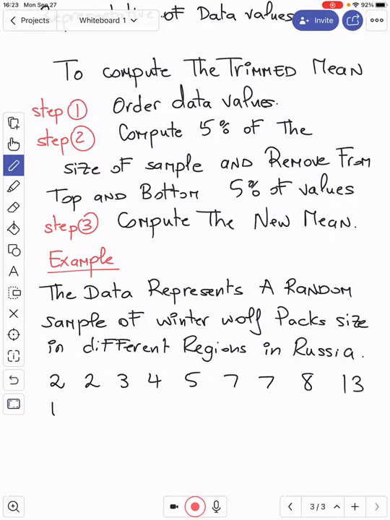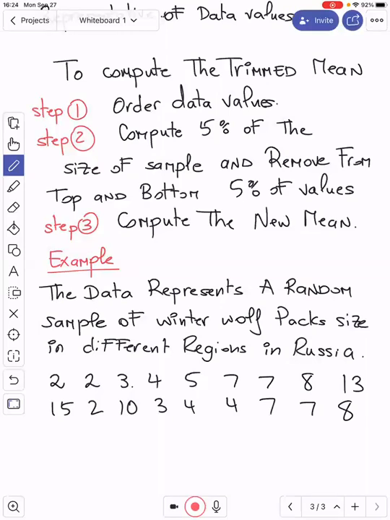Here this is 15. This is 2, 10, then 3, 4, 4, 7. So we count 1, 2, 3, up to 16, then 7, and it's a 7, and then 8. Okay. So these are our data values.